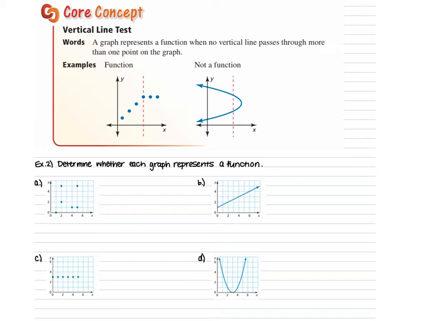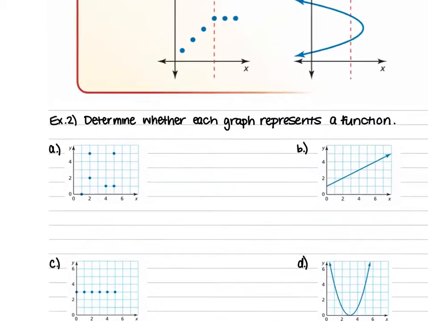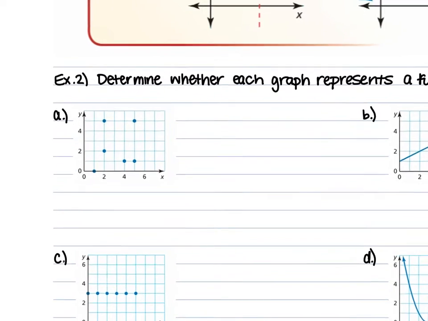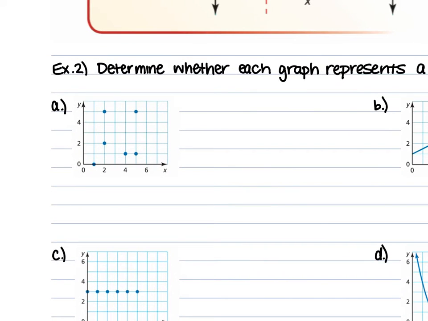So we can draw a vertical line through any part of the graph to see whether or not it's a function. For example A, if we draw, let's say, a vertical line here, we have 2 ordered pairs that go through that vertical line, so this is not a function.